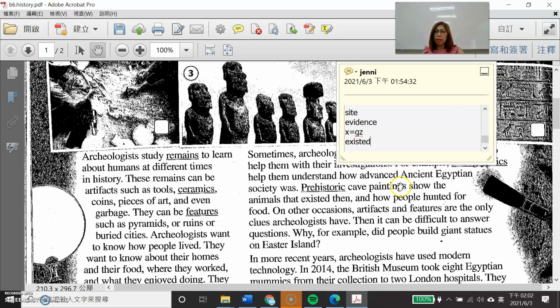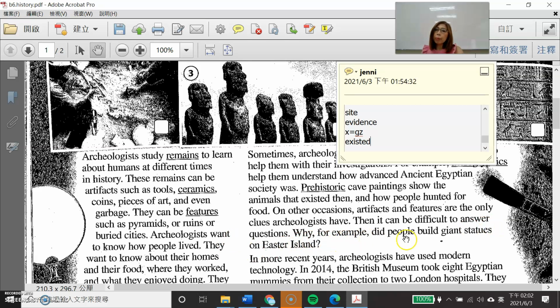Artifacts and features 那些特点特色 are the only clues archaeologists have. OK. 我们想要找到很多的东西，例如他们的 garbage、painting、ceramic works, anything we want to find. 但是 most likely you can only find... it's very difficult to find everything. 所以最重要的就是只有找到 artifacts and features.